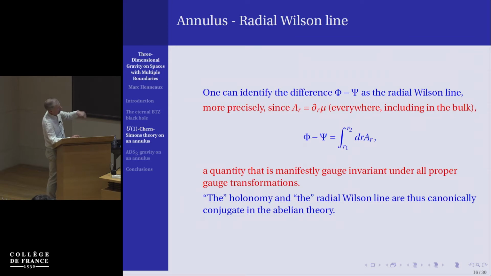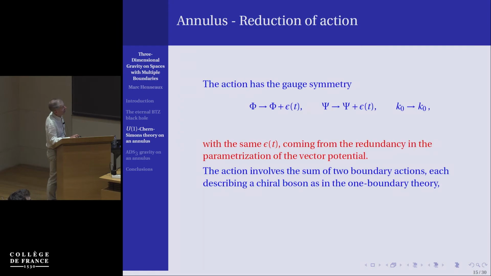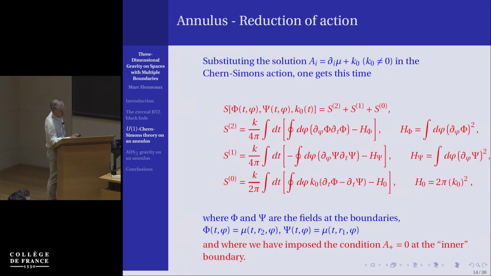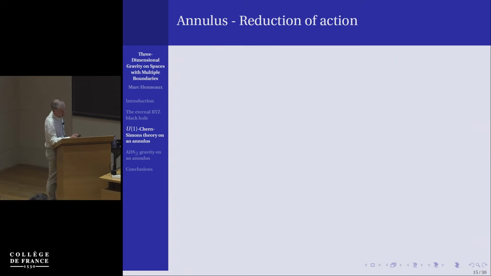You always get the same value no matter which value of r you are evaluating the holonomy at. And for the radial Wilson line, no matter how you integrate from one boundary to the other, you will get a Wilson line which is a function of the given one plus the other degree of freedom. So there is only one independent radial Wilson line. And they are canonically conjugate in the abelian theory, as we can see from the action. This we read from here. This is p q dot.